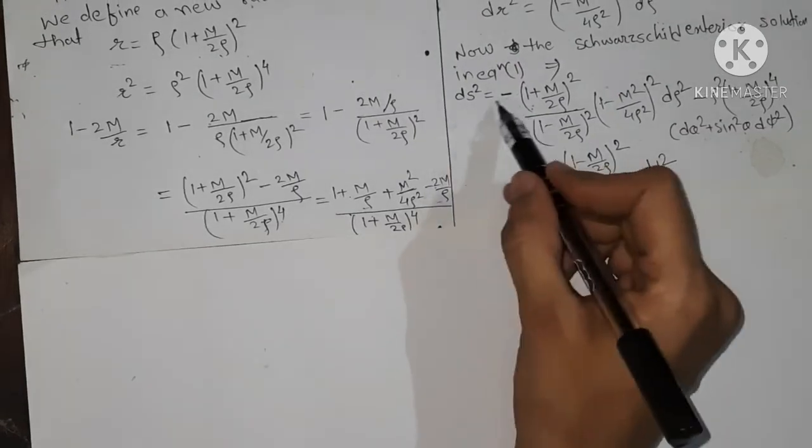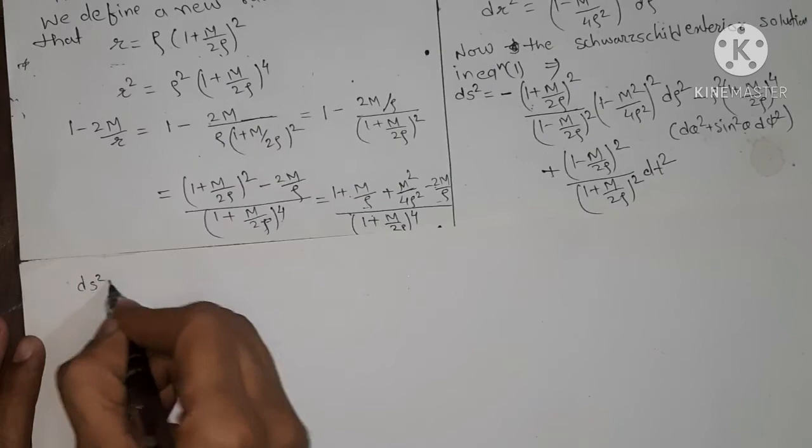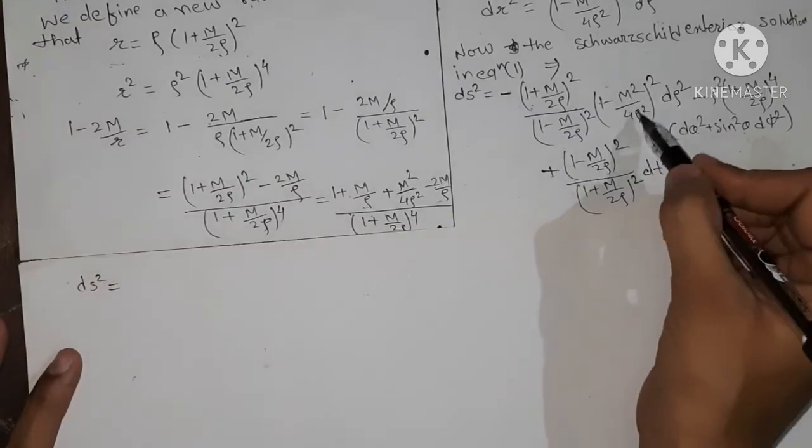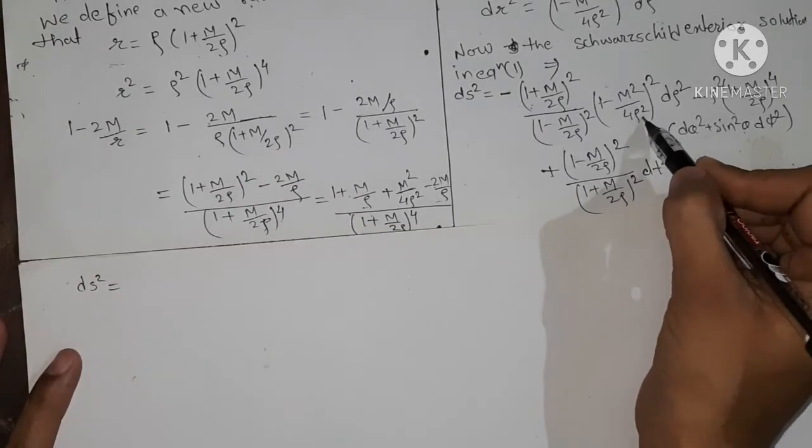So we write this equation as ds square equals, now m square upon 4 rho square can be written as m upon twice rho whole bracket square.